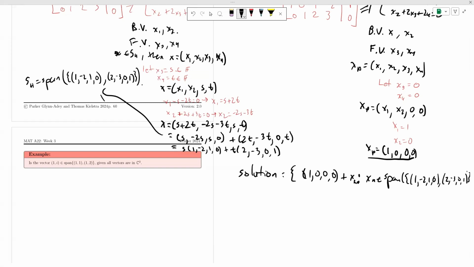And that's our solution. So now we've gone through a bunch of examples, all of which had a solution.